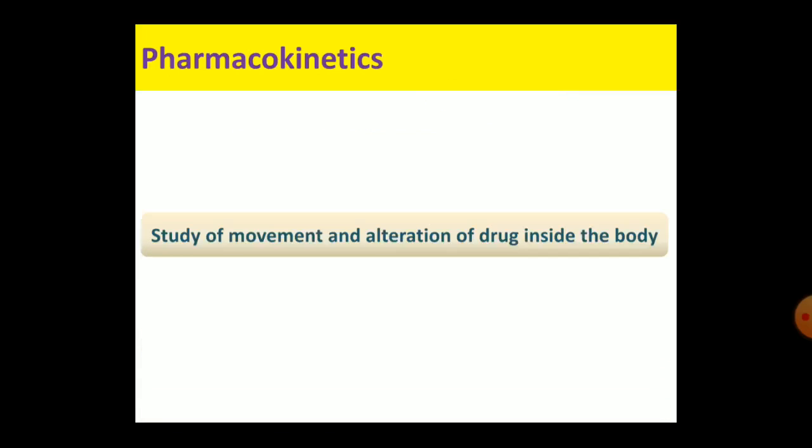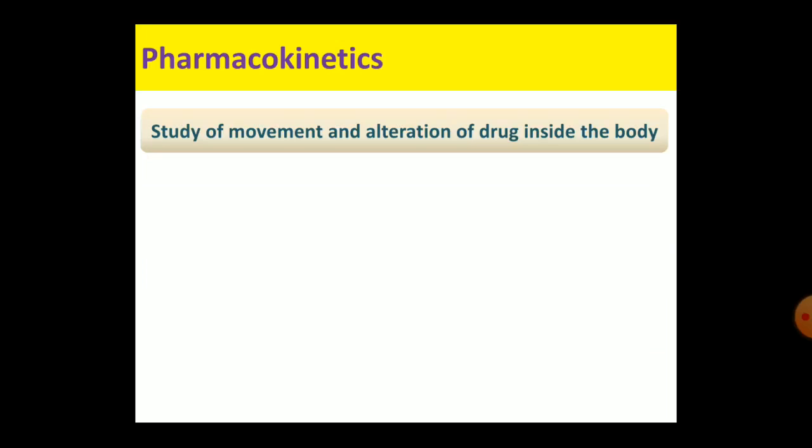So it is the study of the movement and alteration of the drug inside the body. As we take the drug by any route, ultimately it has to enter into the systemic circulation, and that is known as absorption.